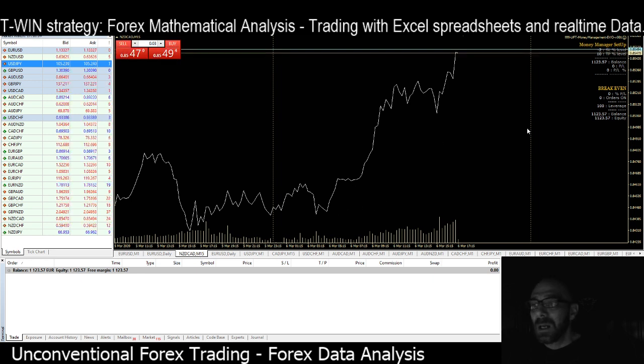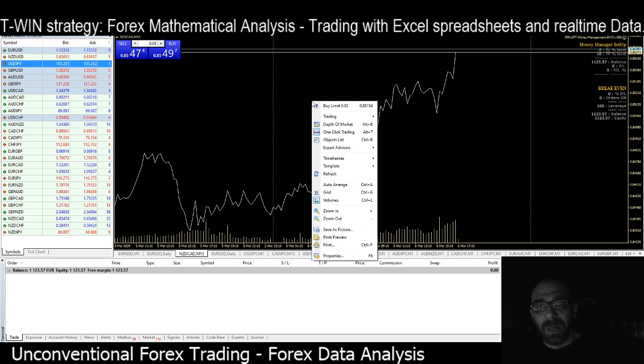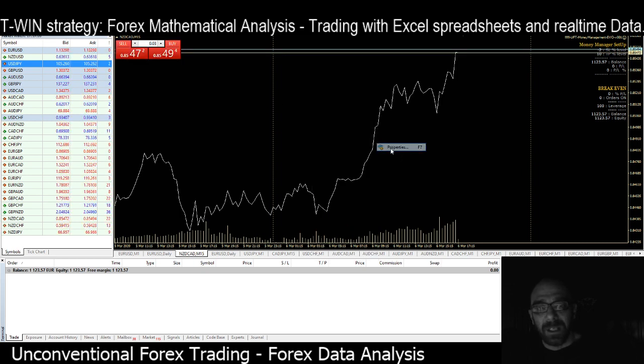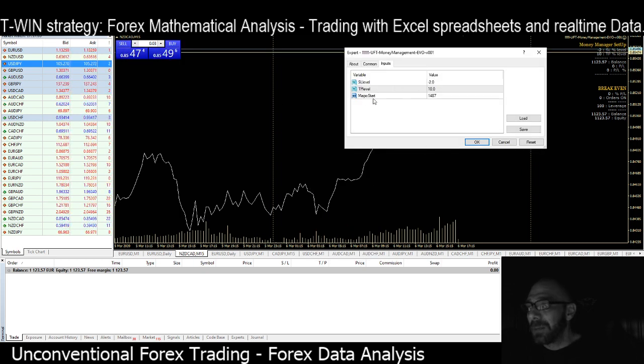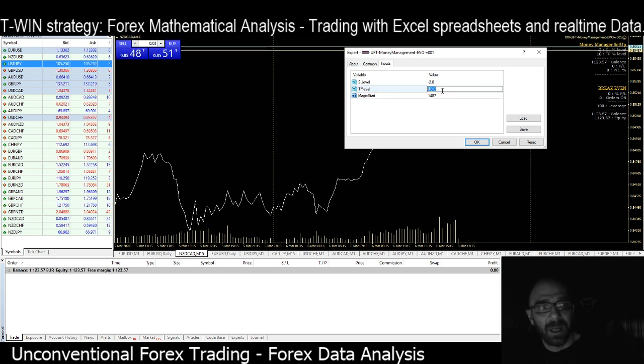Yeah, so basically this is my money manager. Seeing the options, I have only two elements: the stop loss level and the take profit level, which are set by default this way, but I can always change them in real time.